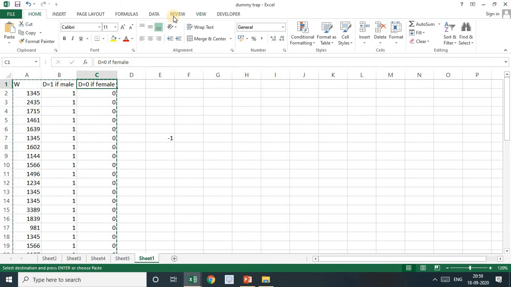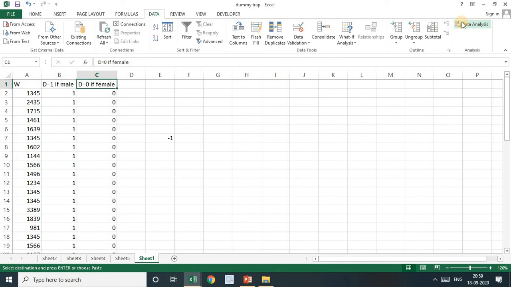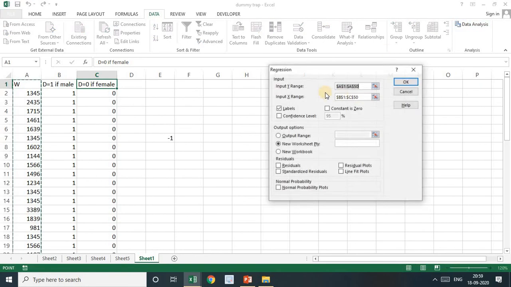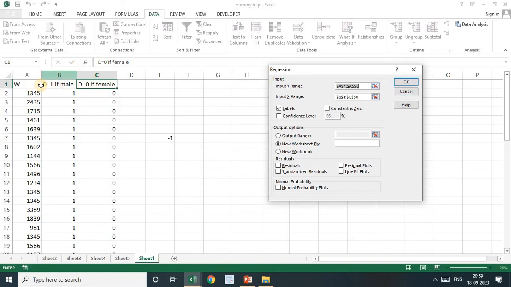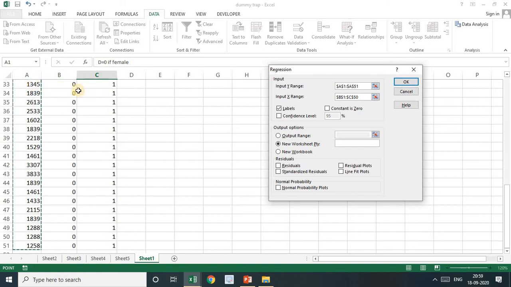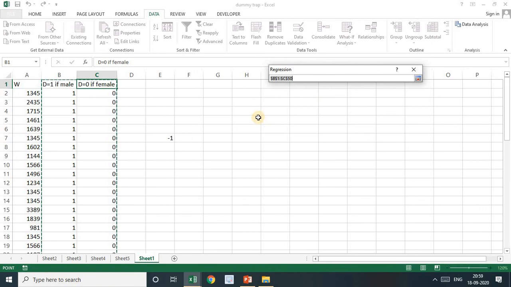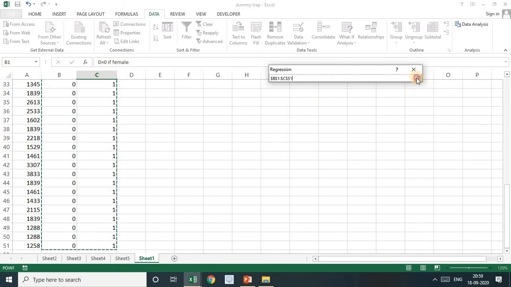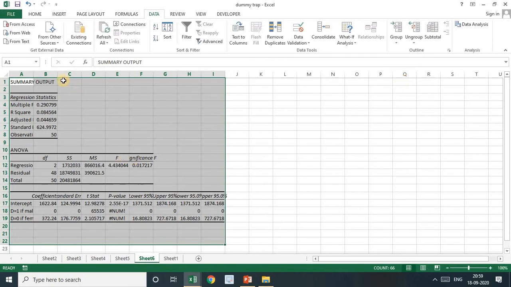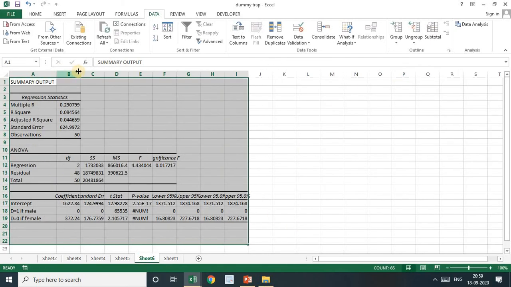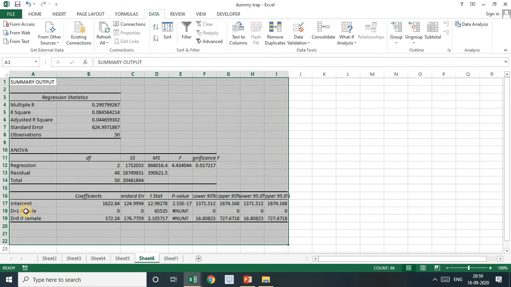Now assume that you run a regression. Go to data, analysis, regression. This is for this one, and for this you click this one. What is happening here? You look at this value.